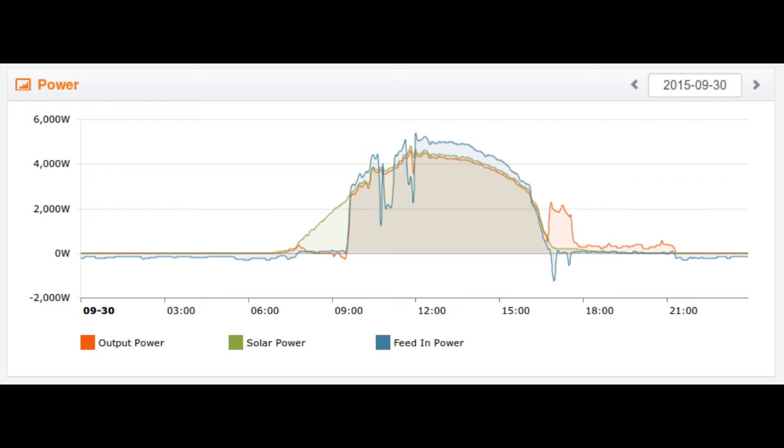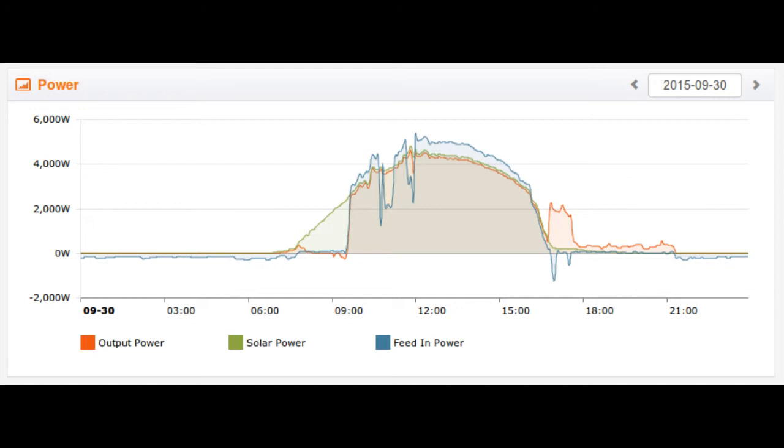So if I didn't have two inverters, if I just had this one inverter, the blue line would always be slightly less than the green line, because the green line is the total amount of solar energy available. So once you convert that into AC, you lose a small amount in the conversion process, which is why the red line is slightly below the green line. And then that red line is the AC that you've produced. That would be exported to the grid if you weren't using it.